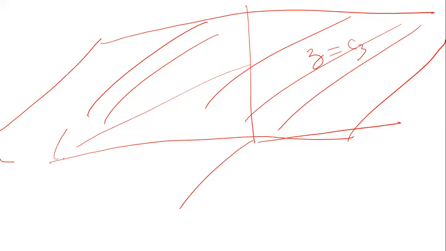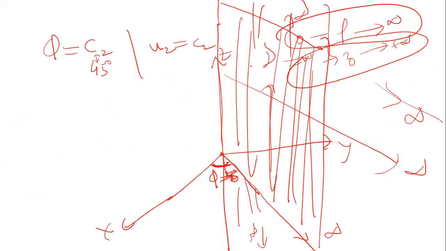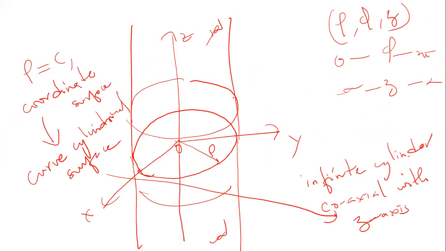So z equal to c3 is a coordinate surface which is perfectly flat, which cuts the z-axis at 90 degrees. And you have one coordinate surface, phi equal to c2 surface, which is also an infinite plane. One side of this surface is touching the z-axis. And another surface is rho equal to c1.